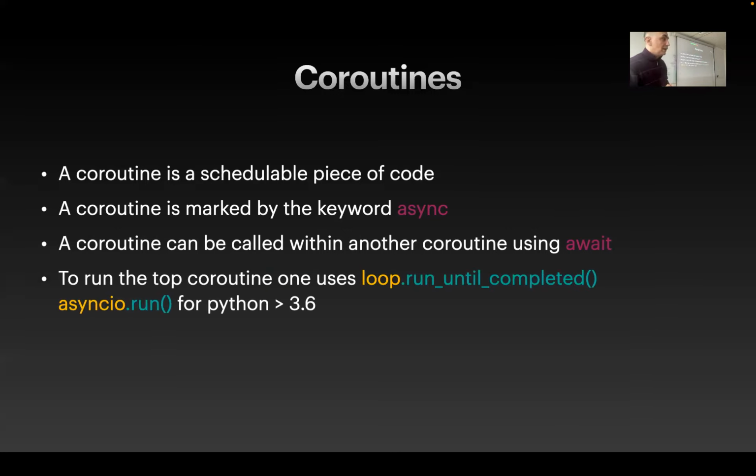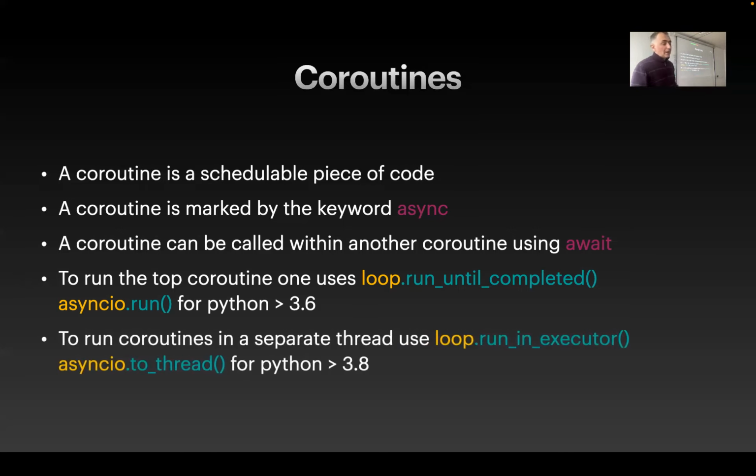If you want to run the top coroutine, or just one coroutine, you get a loop, usually by doing asyncio.get_event_loop, and then you use loop.run_until_complete. As of 3.7, you have asyncio.run, which gets the loop for you and just runs it without you taking care of the details.